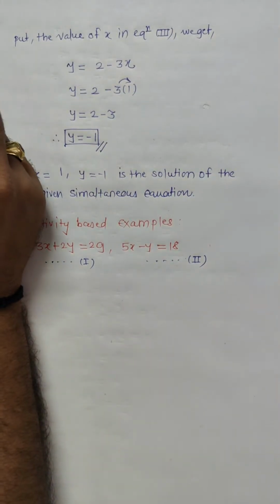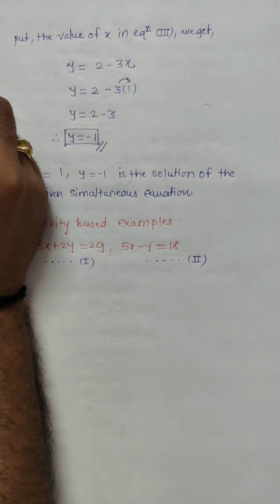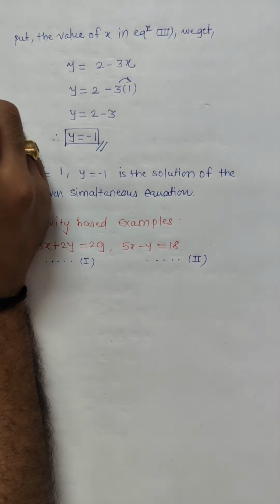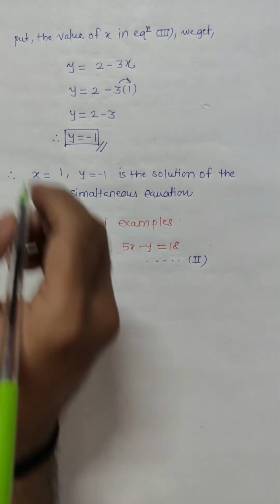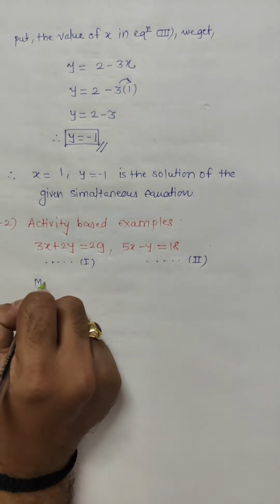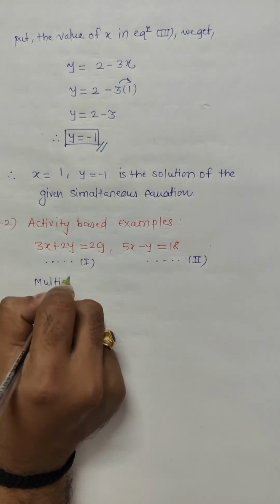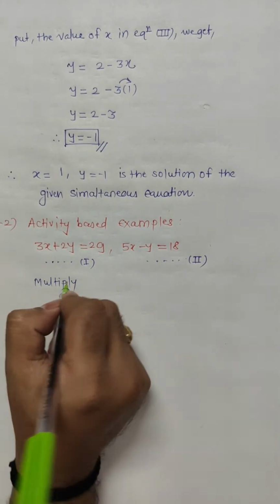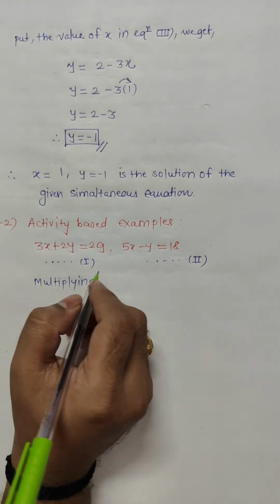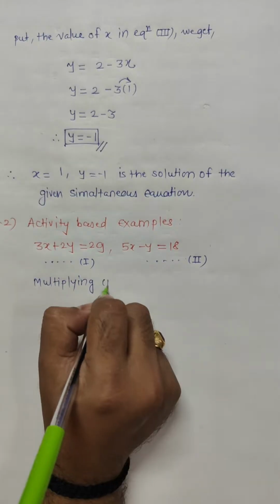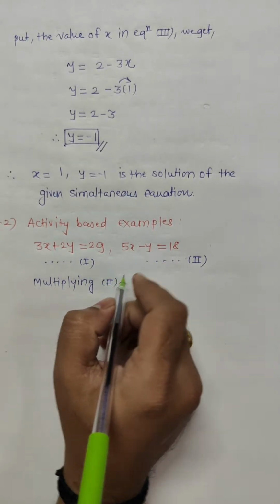Now to solve the given simultaneous linear equations, multiply equation 2 by 2 to fill the empty boxes given below. So, multiplying equation 2 by 2.